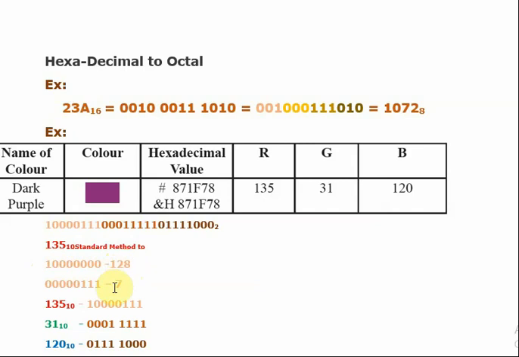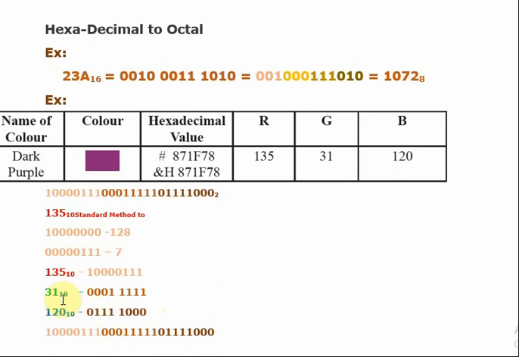How can you represent 7? Make these 3 bits 1. Then finally you write that 135 decimal is equivalent to this binary. Clear? So here you get 1, then all others will be 0 and then 1, 1, 1. This is the simple method.